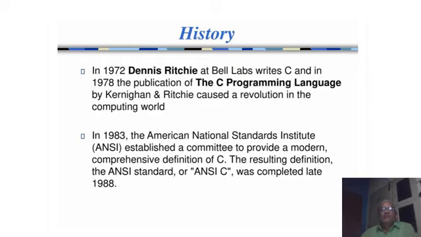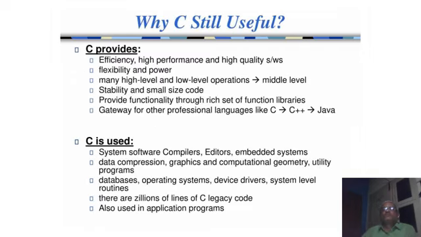Then in 1983, the American National Standards Institute, ANSI, established a committee to provide a modern, comprehensive definition of C. The resulting definition, the ANSI standard or ANSI C, was completed in late 1988. Okay students, that is the history of C.